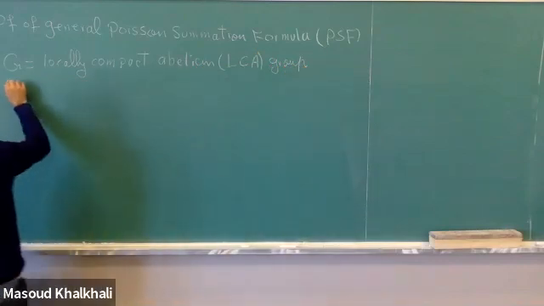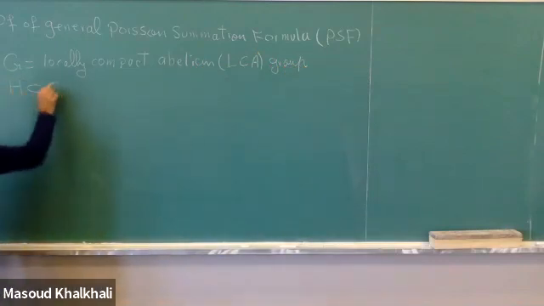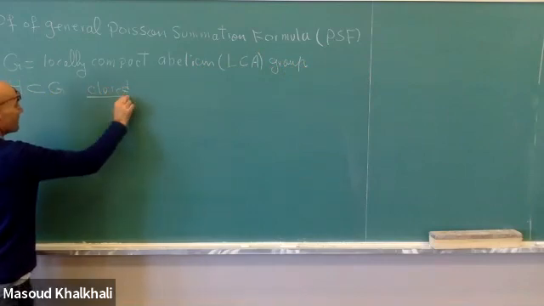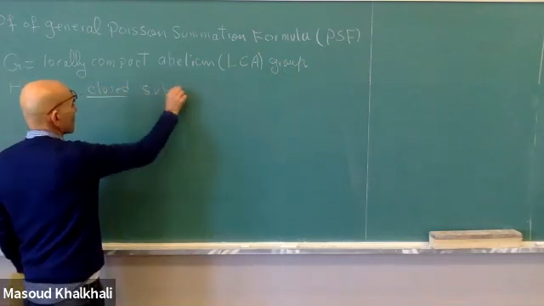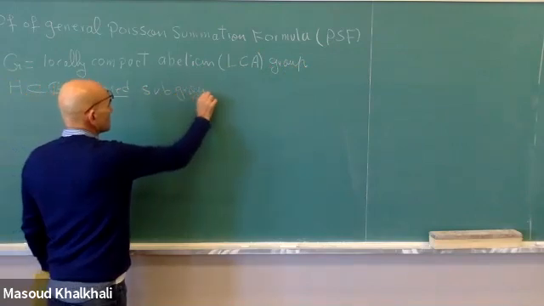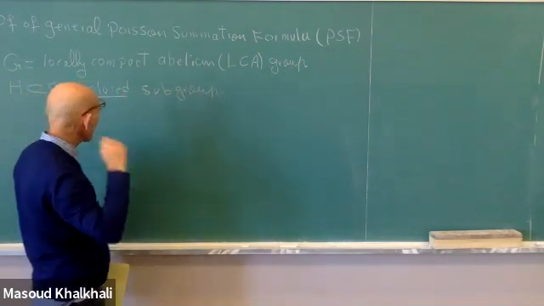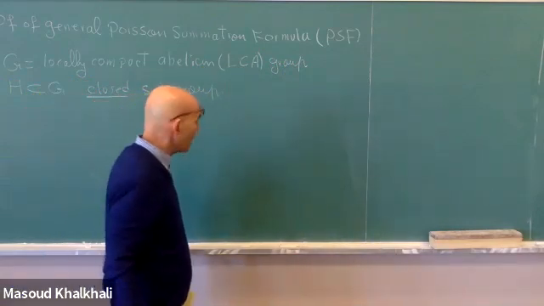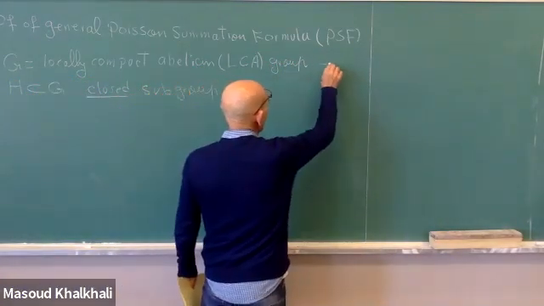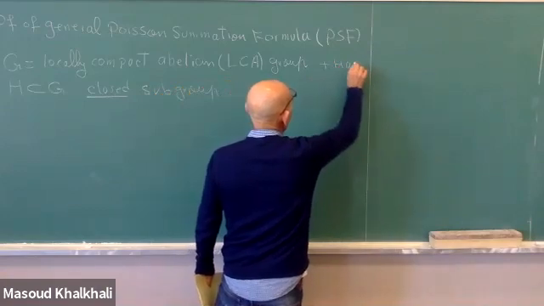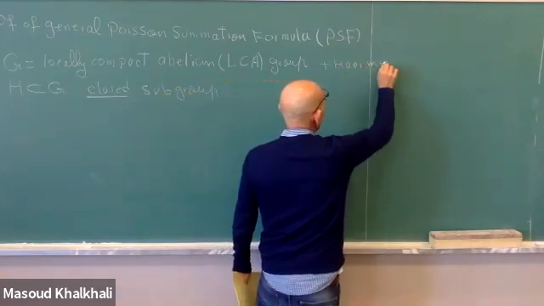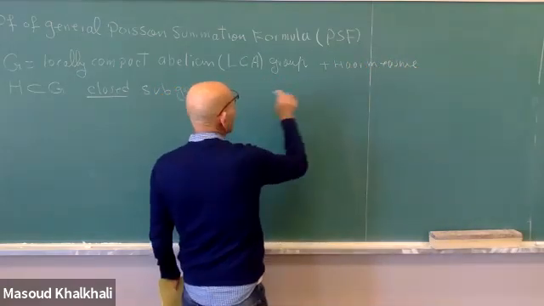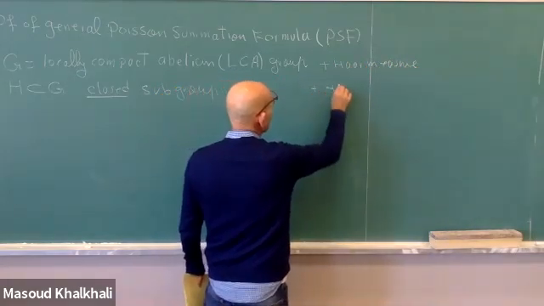H is a closed subgroup. So we fix a Haar measure on G, and we fix a Haar measure on H.